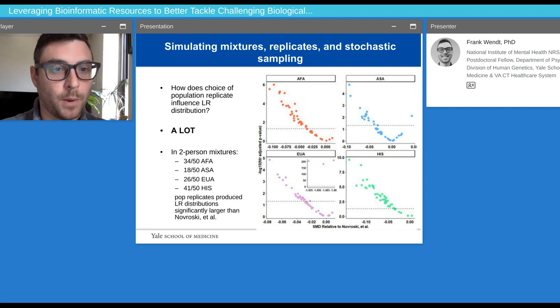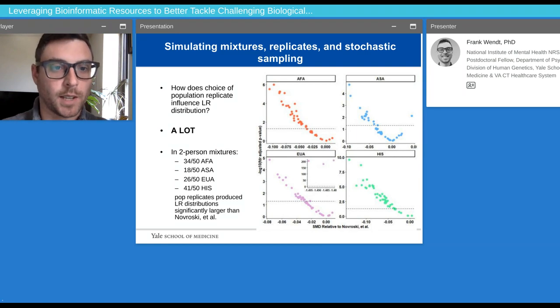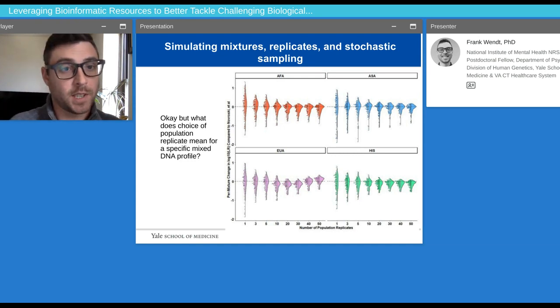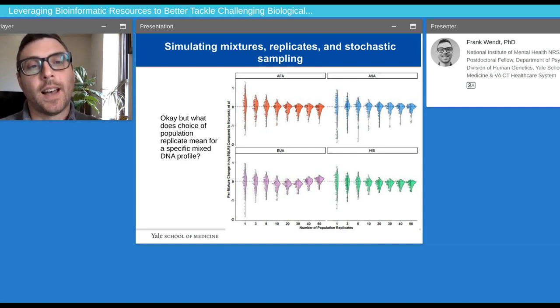So the profile was actually indicated as being more rare than it would have been in the Novroski et al. estimate. So that's fine, but do those results suggest that maybe we have an issue with just a couple of mixtures that went into the analyses?